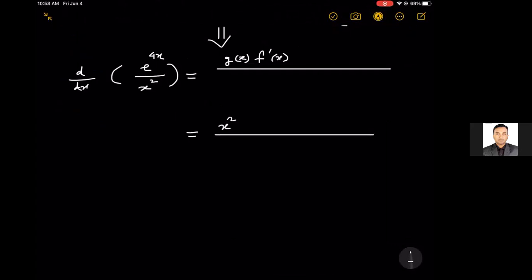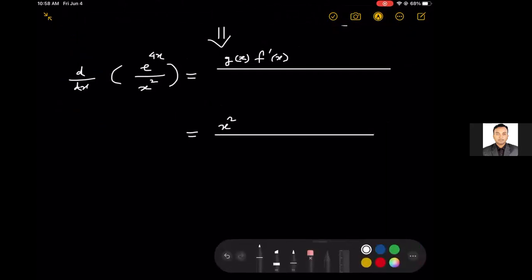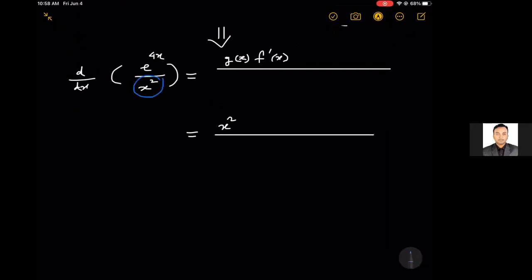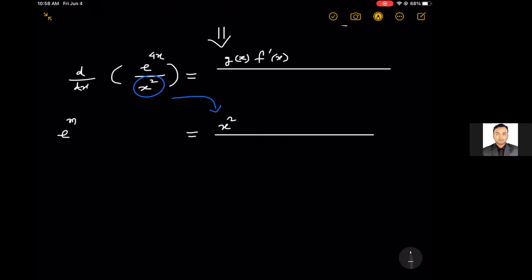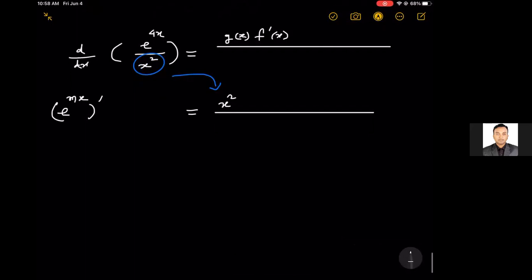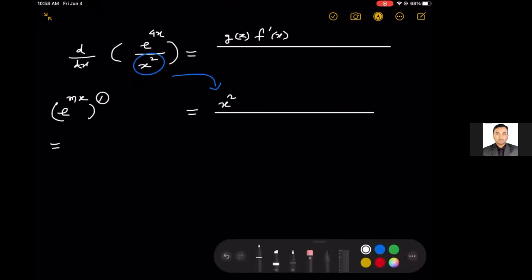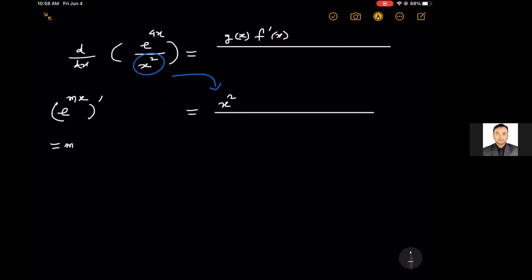The denominator is x squared, right? And the derivative of the numerator. The numerator is e to the 4x. And we know that for e to the mx, the derivative, the first derivative of course, is m times e to the mx.